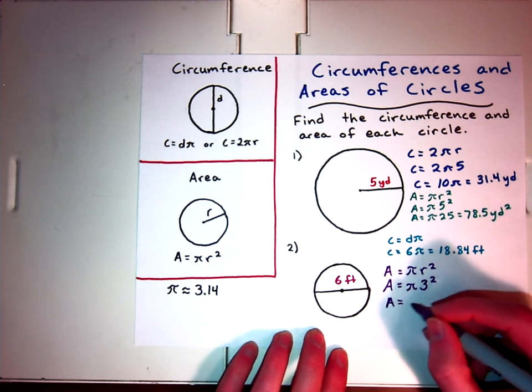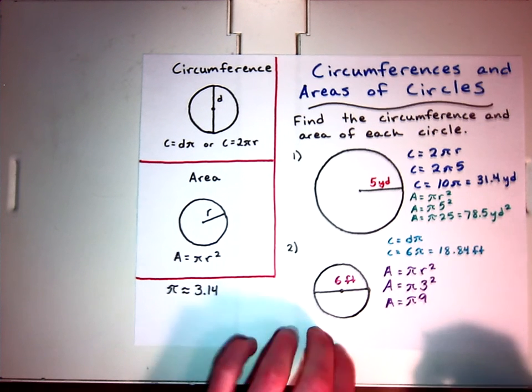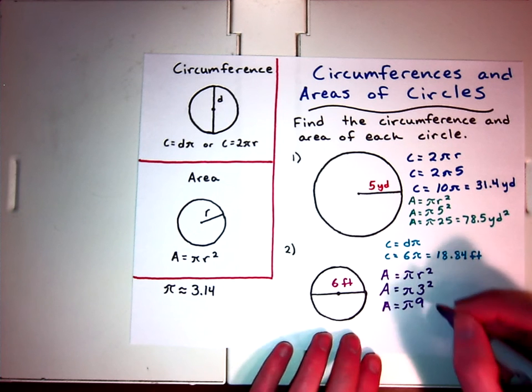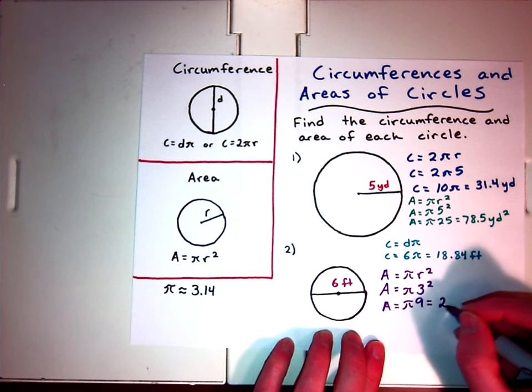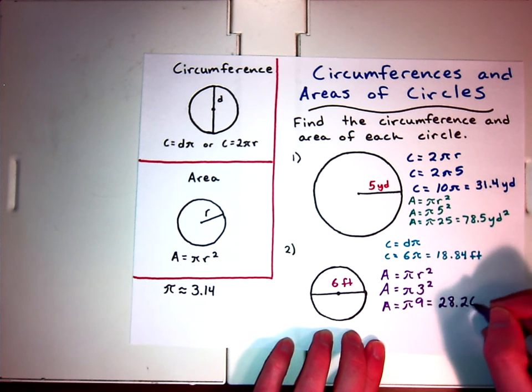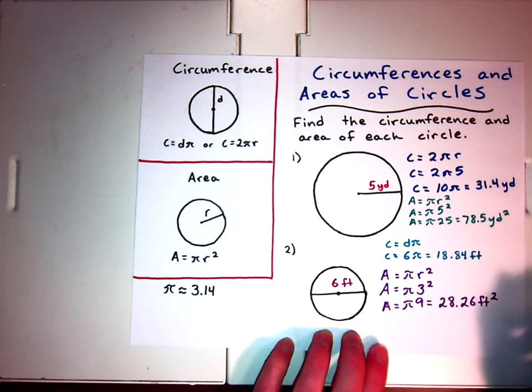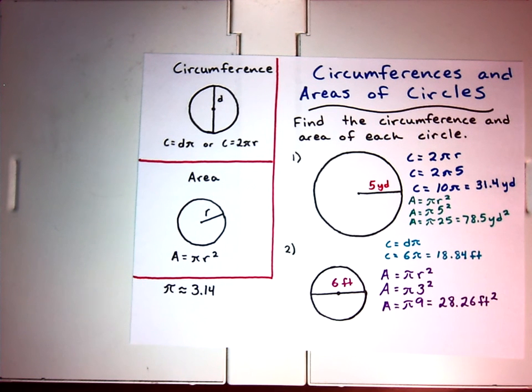A equals pi times 9. And then we just multiply that. So, 9 times 3.14. If I can plug in the correct numbers to my calculator, then you should get 28.26 feet. And this one I have to put squared because it's talking about the area.